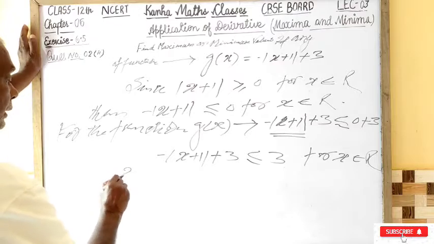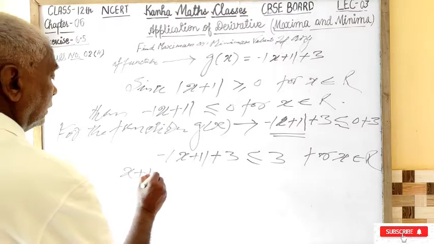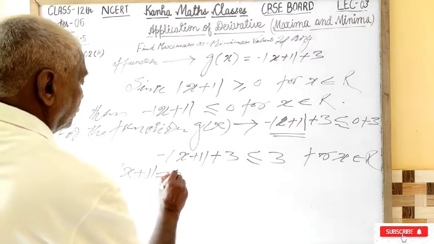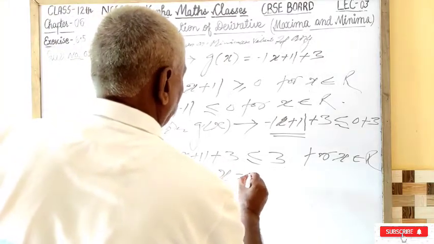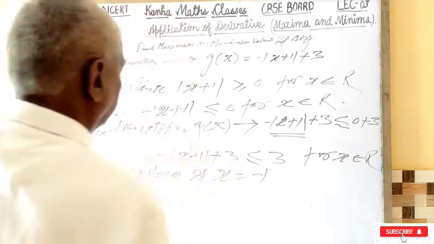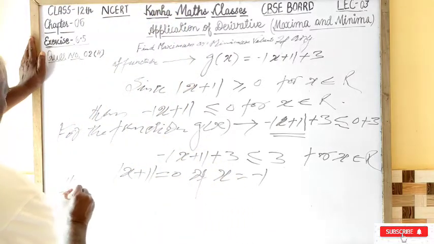Hence, x plus 1 will be equal to 0 if x is equal to minus 1. Hence, the function will be maximum.